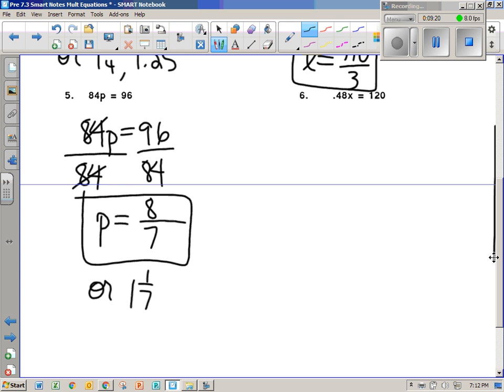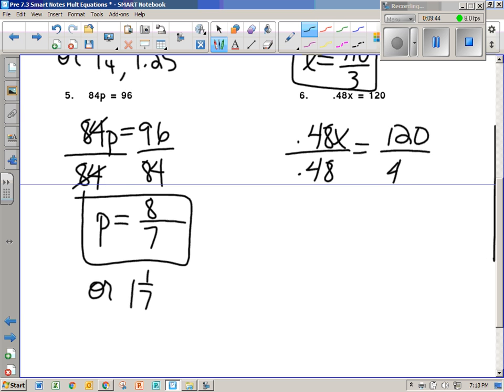You never want to give an approximation when you solve an equation unless it's a word problem and it makes sense to have an approximation, or if the instructions tell you to. In our case, we're going to be exact, because being exact is more important right now than estimating.